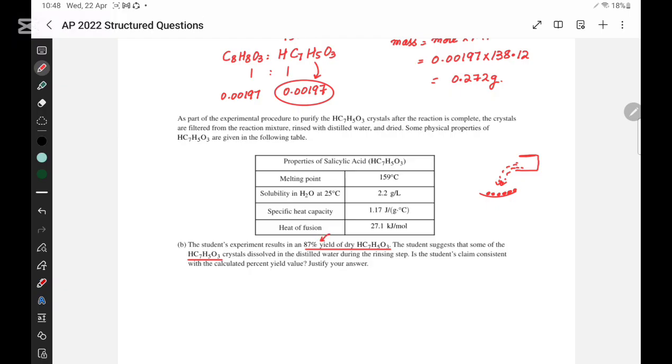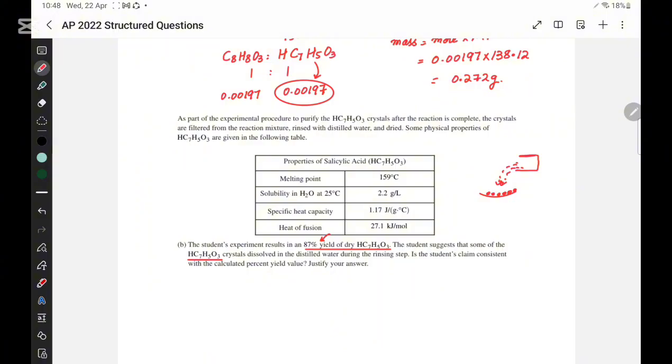So what do you think, is it right or wrong? I would say it is right, because it is an acid and acid is soluble in water, and when acid is dissolved in water, the precipitate's mass becomes less because some part of this acid has been dissolved in water, which decreases the mass of these precipitates.